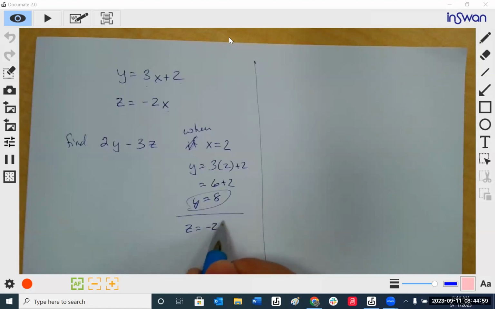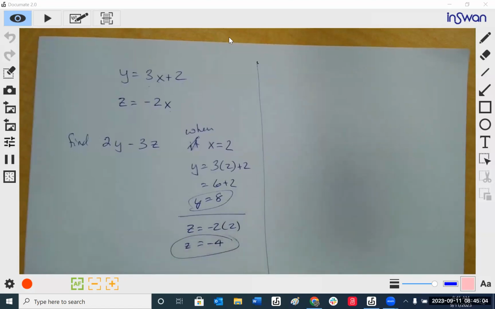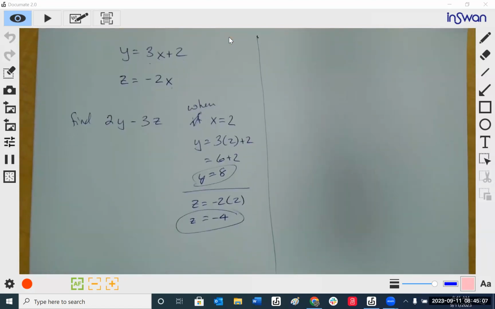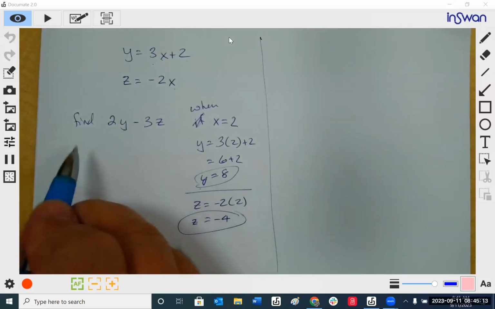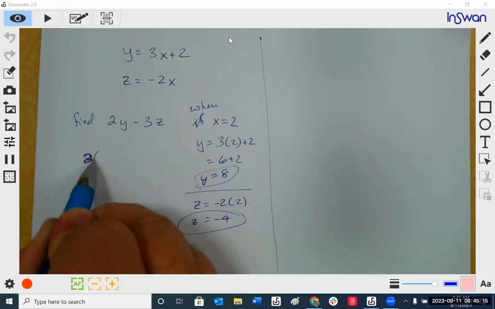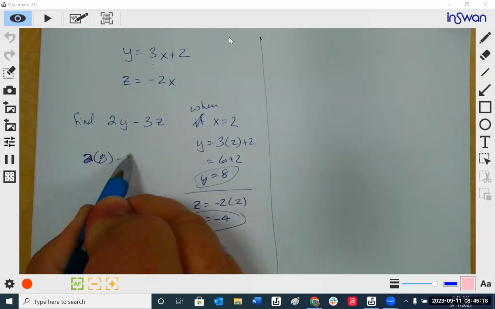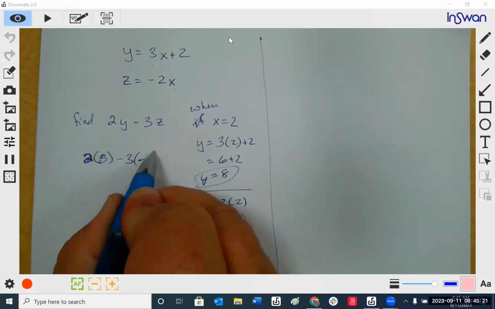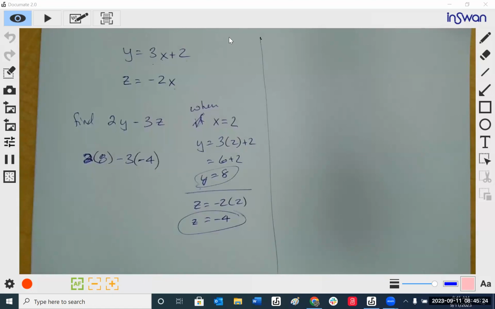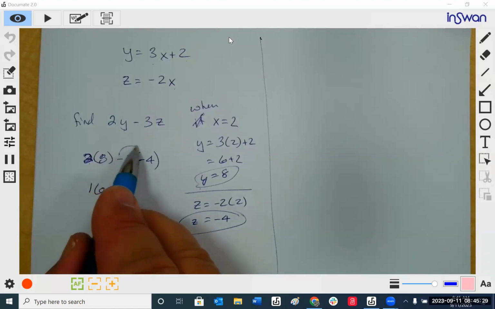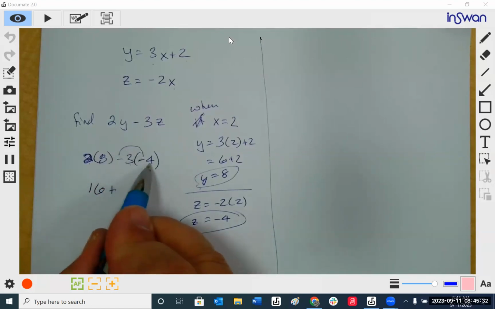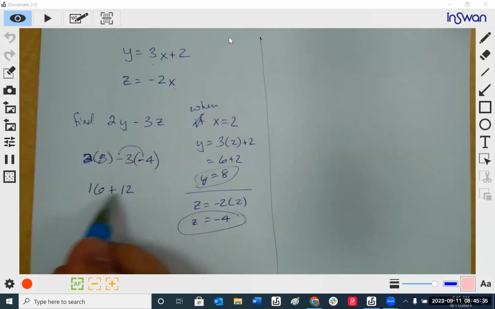Z equals -2 times 2, which is -4. Once I define y and z, I plug them up here now. Y is 8 minus 3 times z. Two times 8, 16. Negative times negative is positive. 3 times 4 is 12. 16 plus 12 is 28.